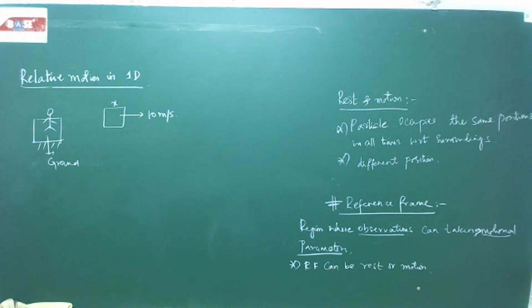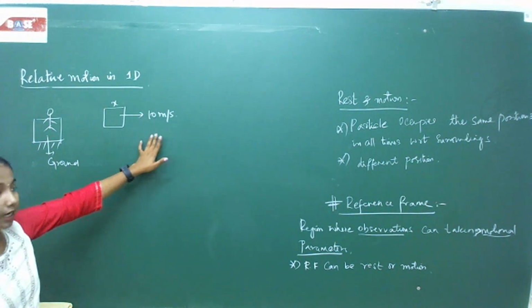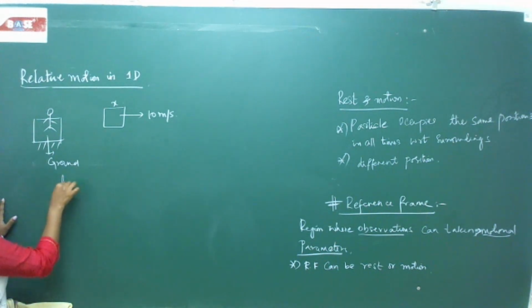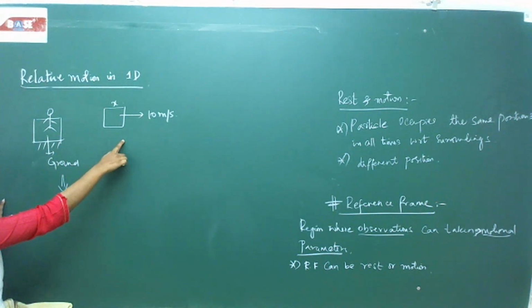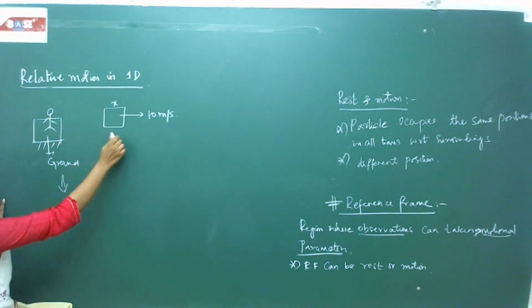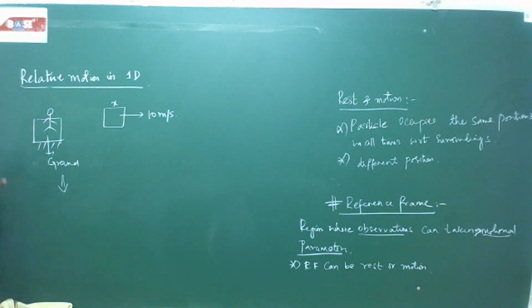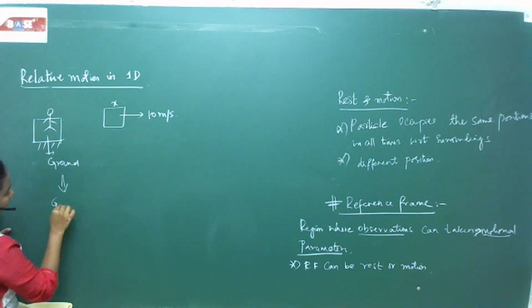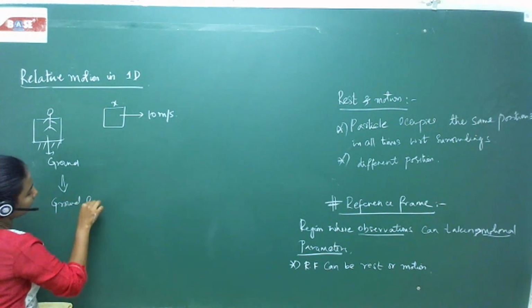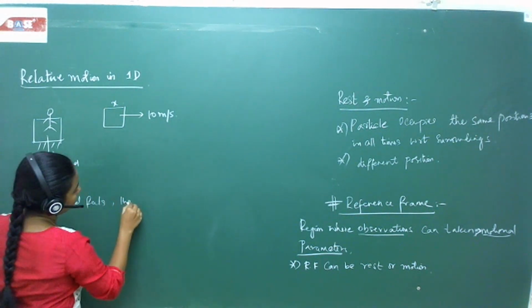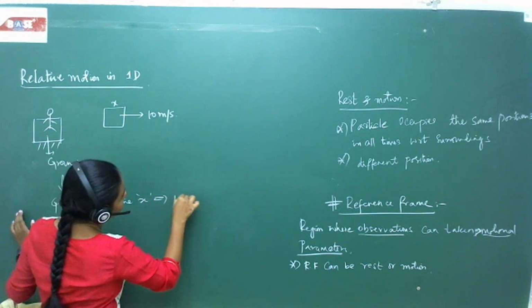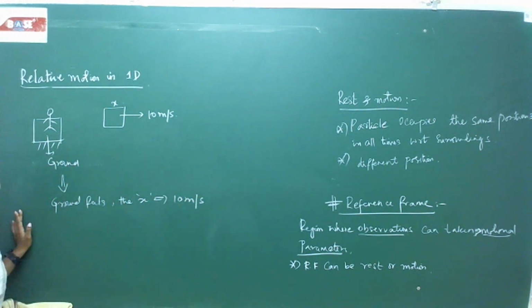When you measure the velocity, which is the motional parameter, with respect to this frame, this ground person feels that the x body is moving with a velocity of 10 meter per second.